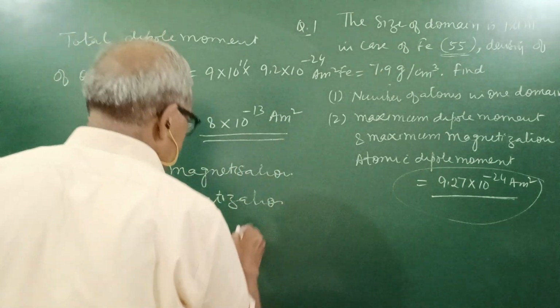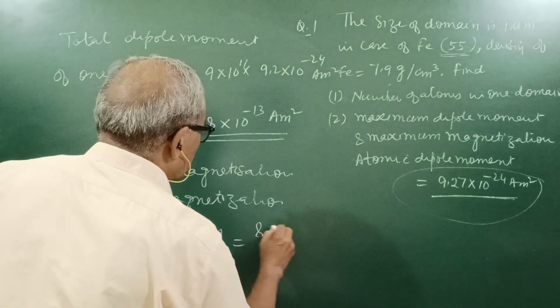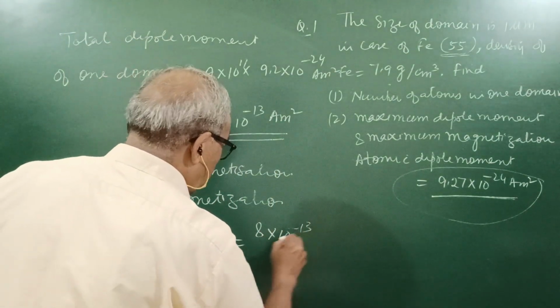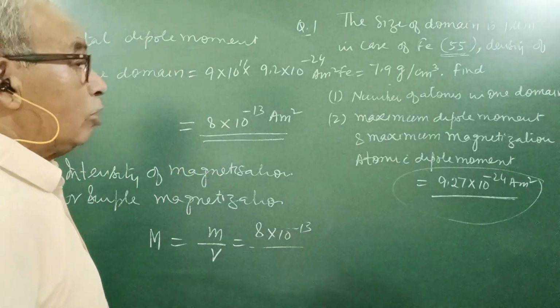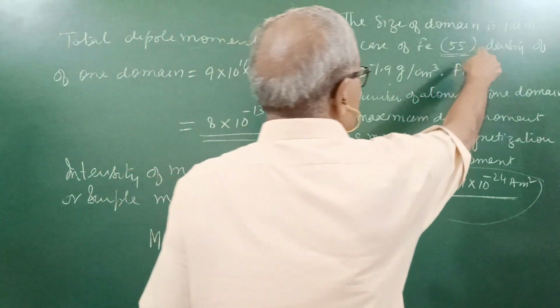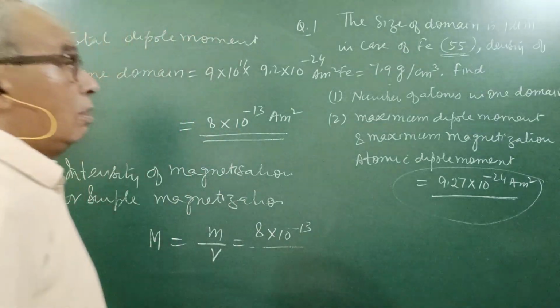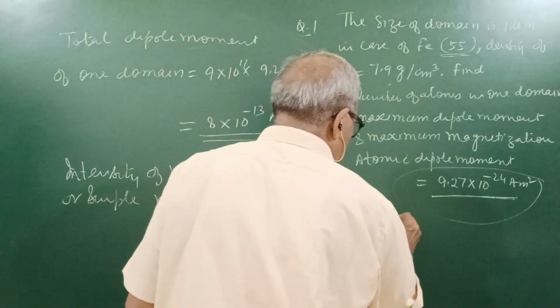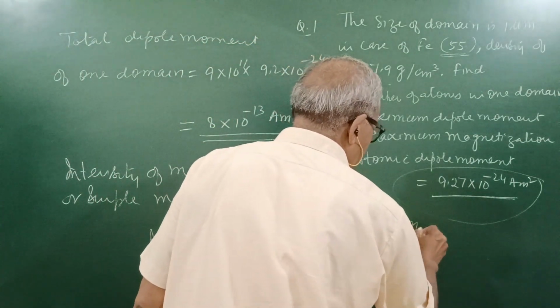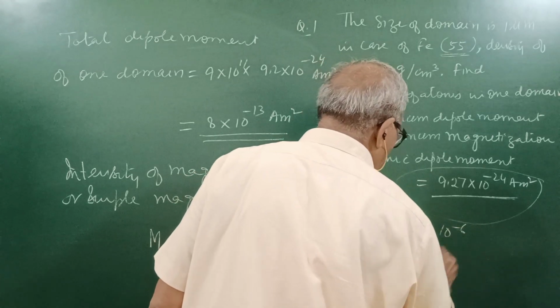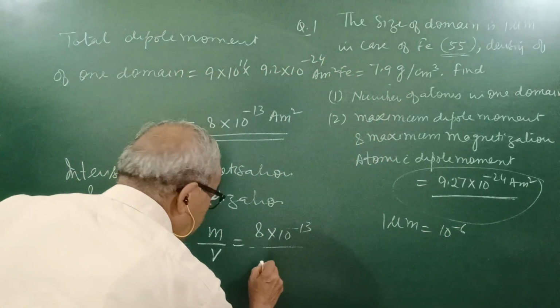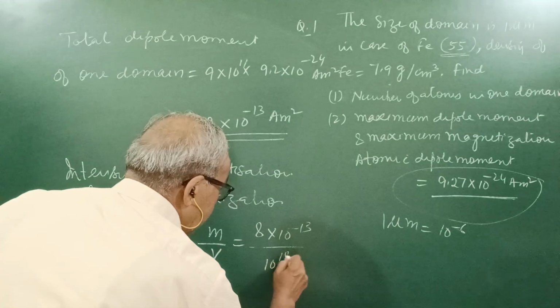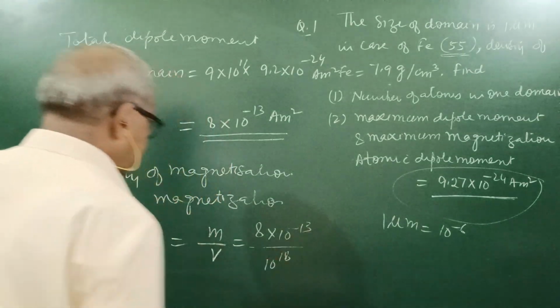So the dipole moment is 8 times 10 to the power minus 13, and the volume is 1 micron cubed. 1 micron is 10 to the power minus 6 meter, so the cube is 10 to the power minus 18 meter cube.